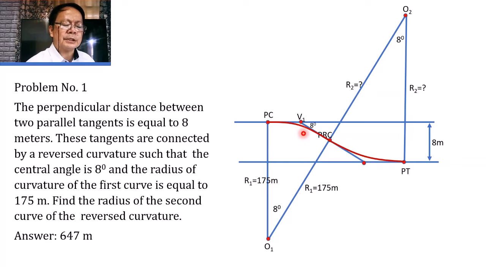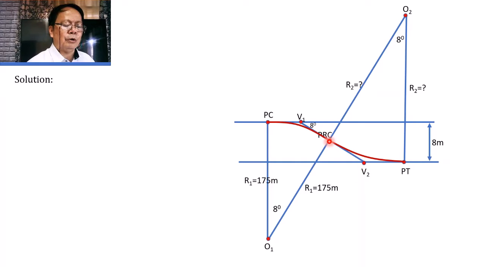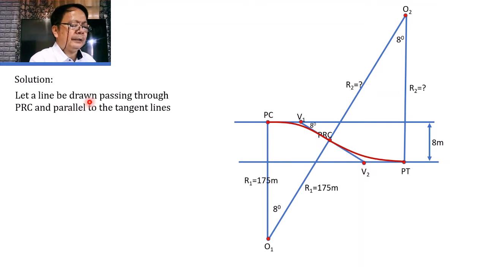Let us call this our B sub 1, and this will be our B sub 2. And if we are to draw a line that is passing through the PRC, which is parallel to the tangent line, let us imagine that through the PRC we draw a line parallel to the tangent line, so that we shall be drawing that line.